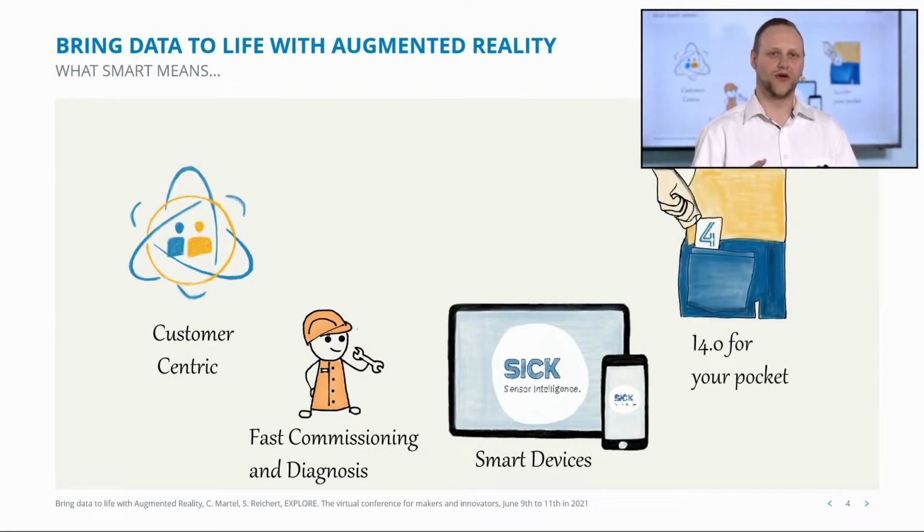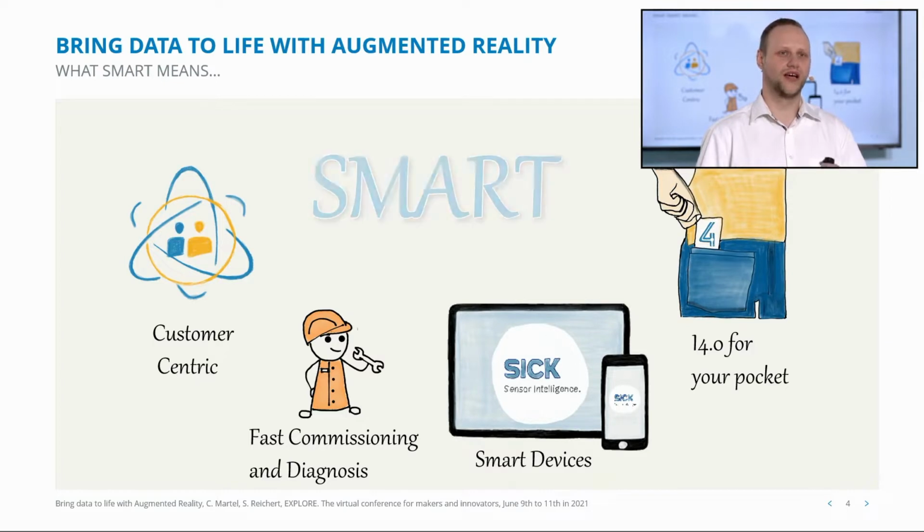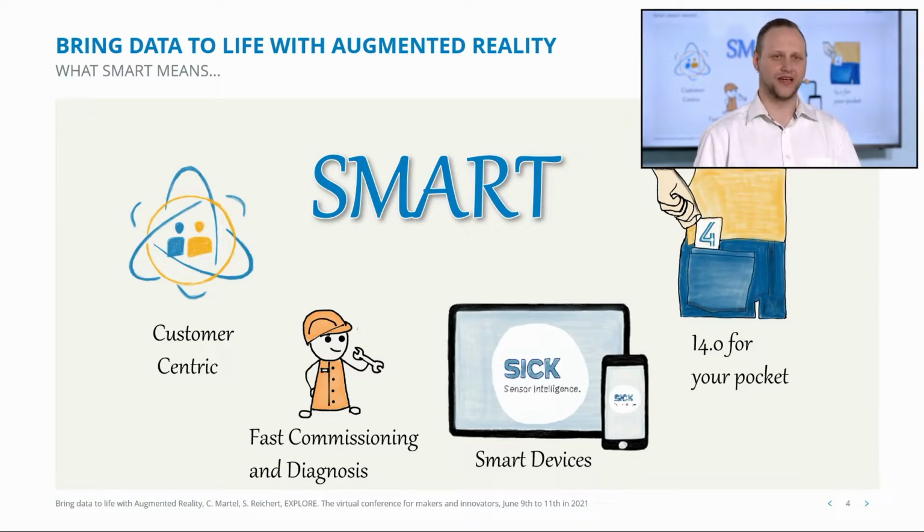Therefore, we call it Industry 4.0 for your pocket, because it fits really in your pocket. This is what we think is a smart solution, and therefore we are calling it Smart. Smart stands for SICK Mobile Augmented Reality Toolbox. And now you see that we are using augmented reality technology to solve these problems.